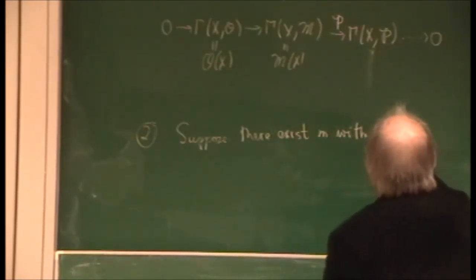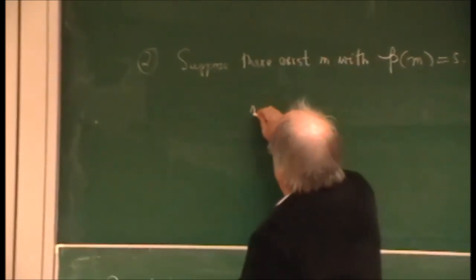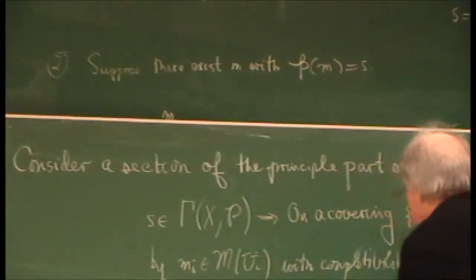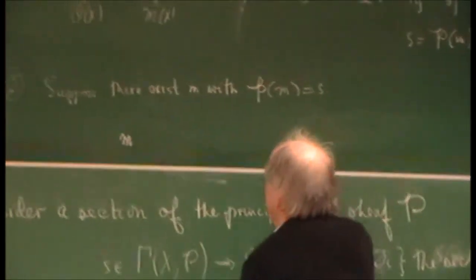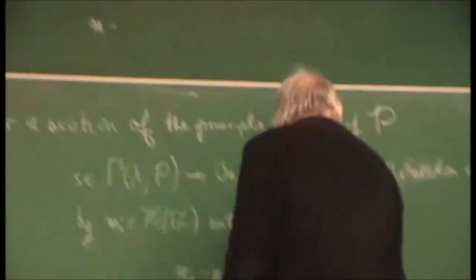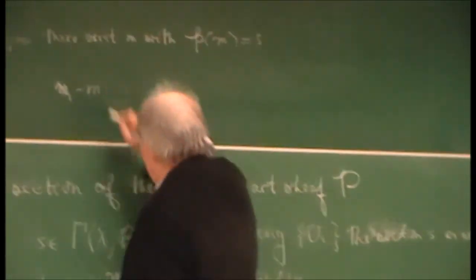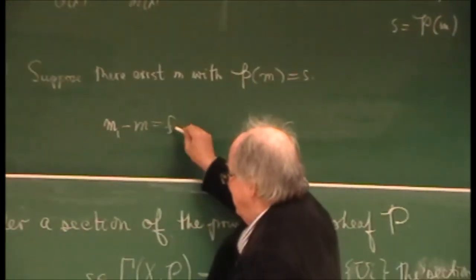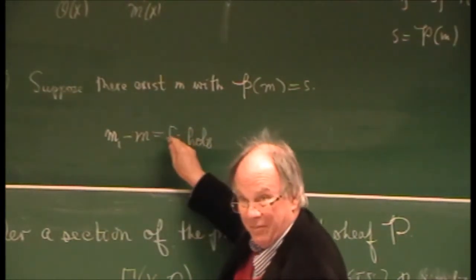So the principal part of m equals S. That means that mi minus m equals fi is holomorphic, because they have the same principal part.